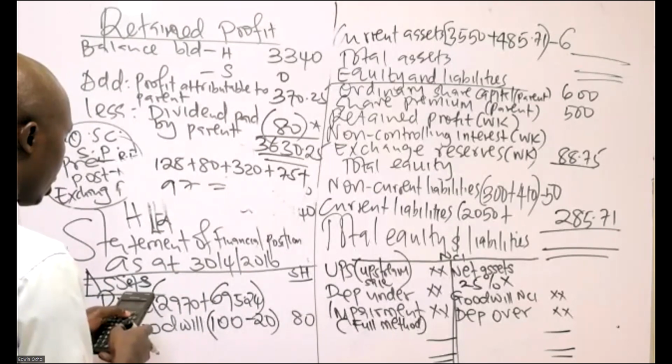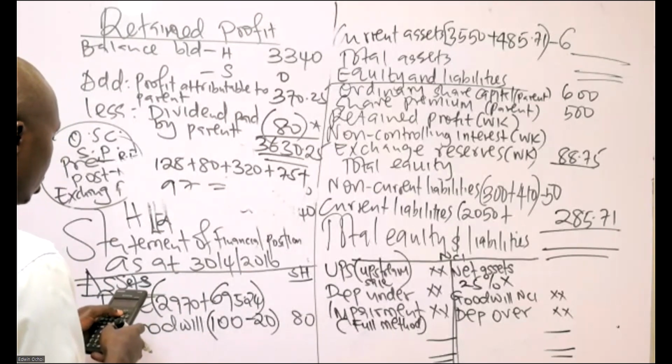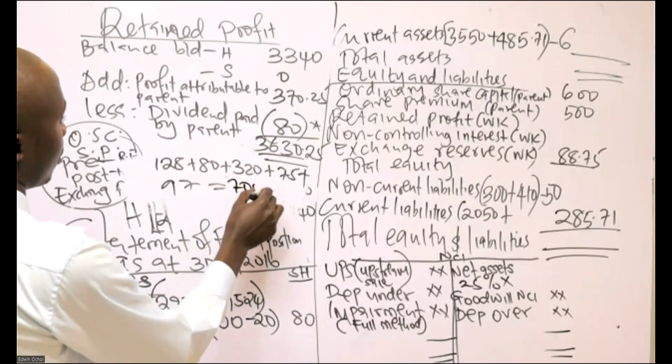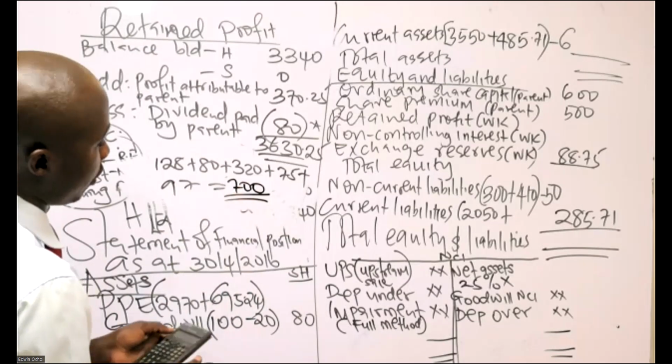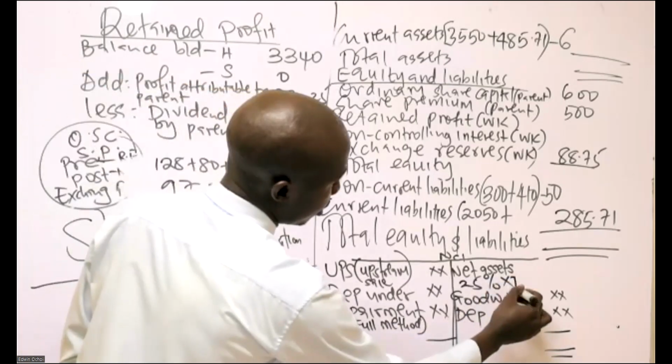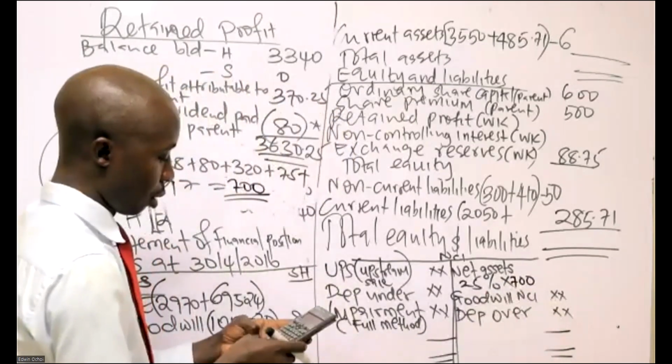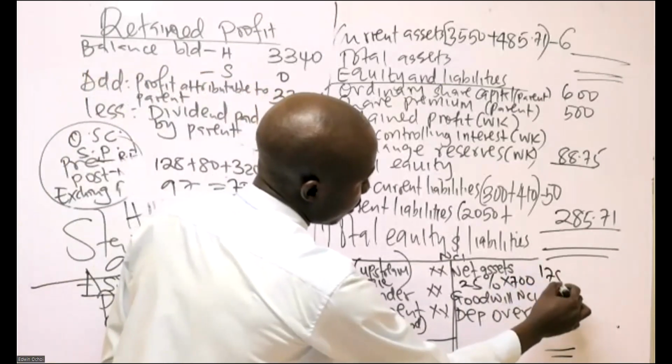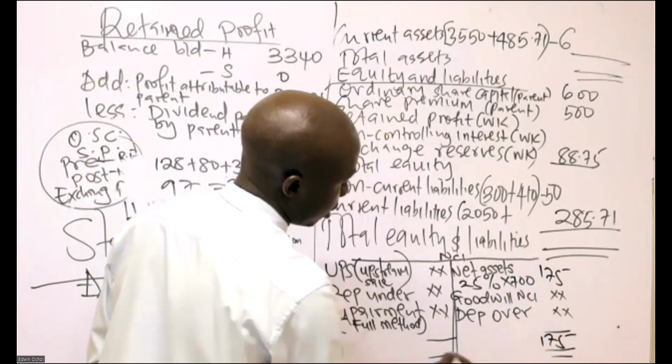You are getting which figure? 700. 700, eh? 25% of 700, 0.25 times 700, is 175. So that is my balance figure here.